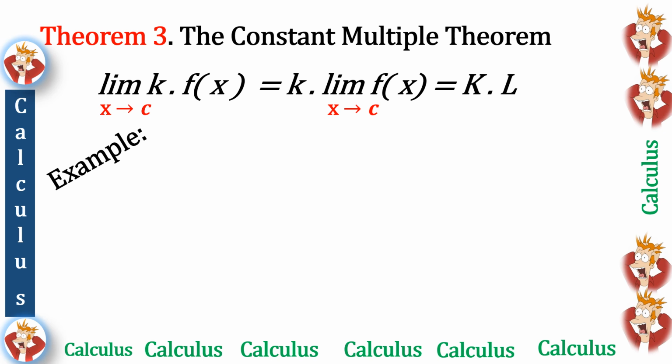Let's proceed to theorem number 3, the constant multiple theorem. The limit of k multiplied by the function of x as x approaches to c is equals to k multiplied by the limit of the function of x as x approaches to c is equals to k times L. Yung L po natin dito, ito po yung nagsasabi kung ano ang magiging sagot natin dito.